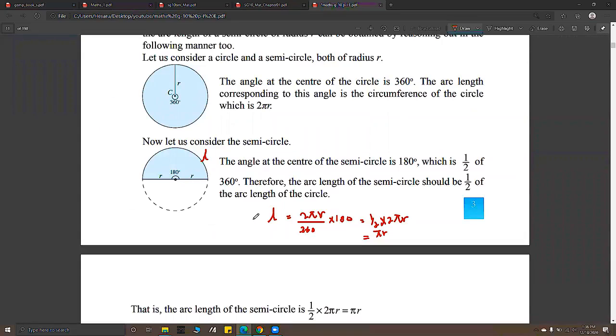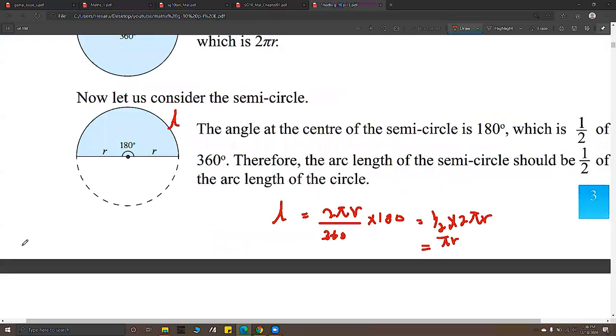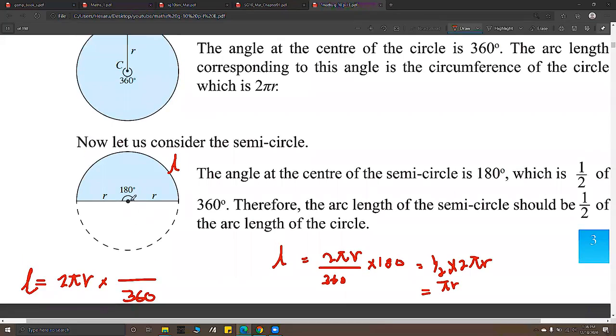So it's very simple. In order to find the arc length, you write the equation for a total circle, a full circle. Then you divide it by 360, then multiply it by whatever angle the section you require has. In this case it's 180.